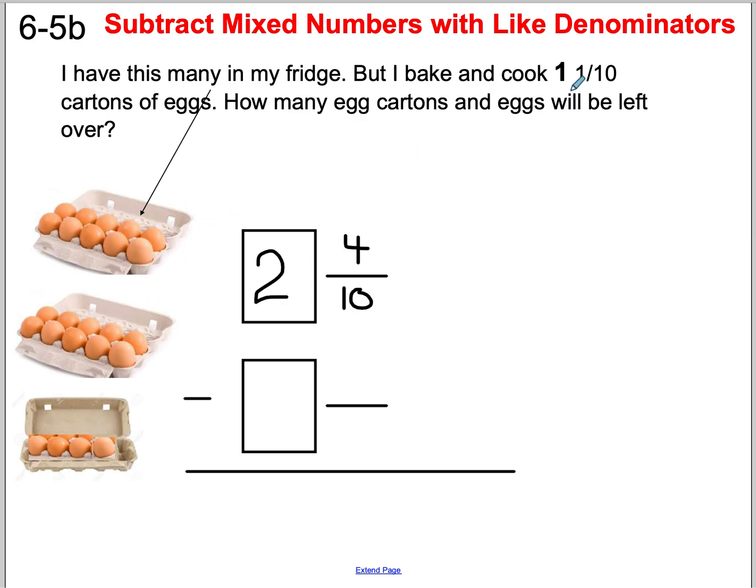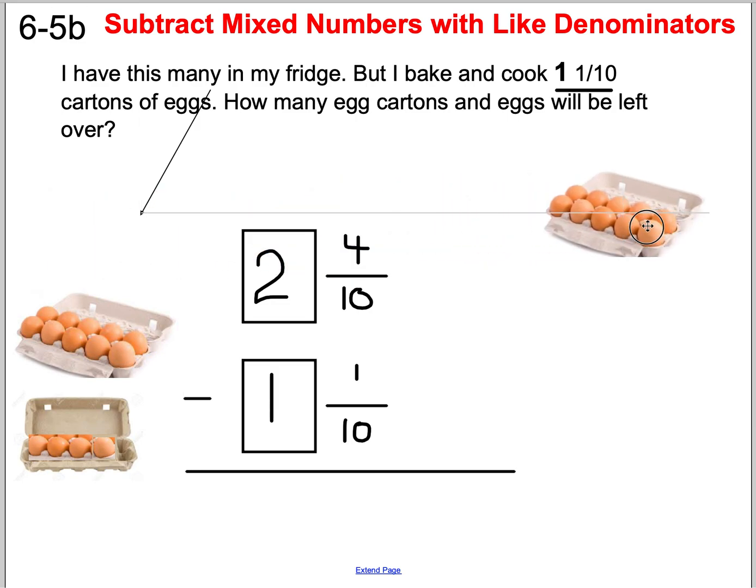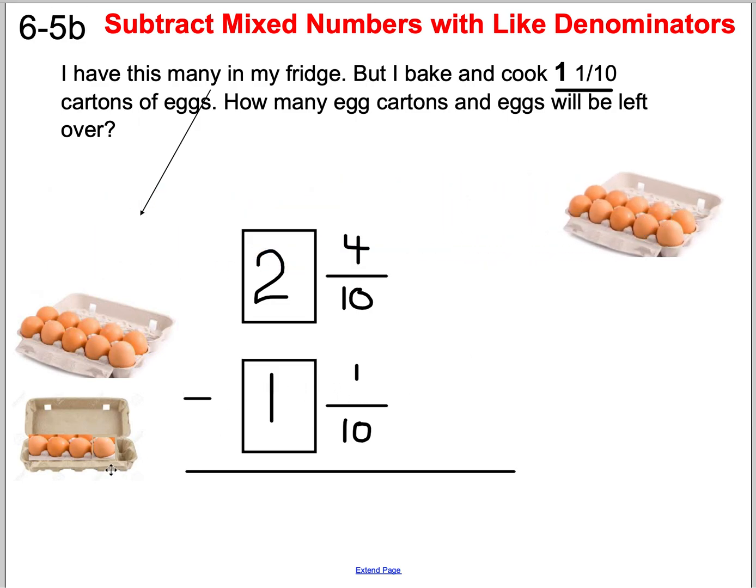I'm going to subtract 1 1/10. Do I have common denominators? Yes, so I can start subtracting. I'm going to take away 1 carton, and then 1/10. What do I have left?